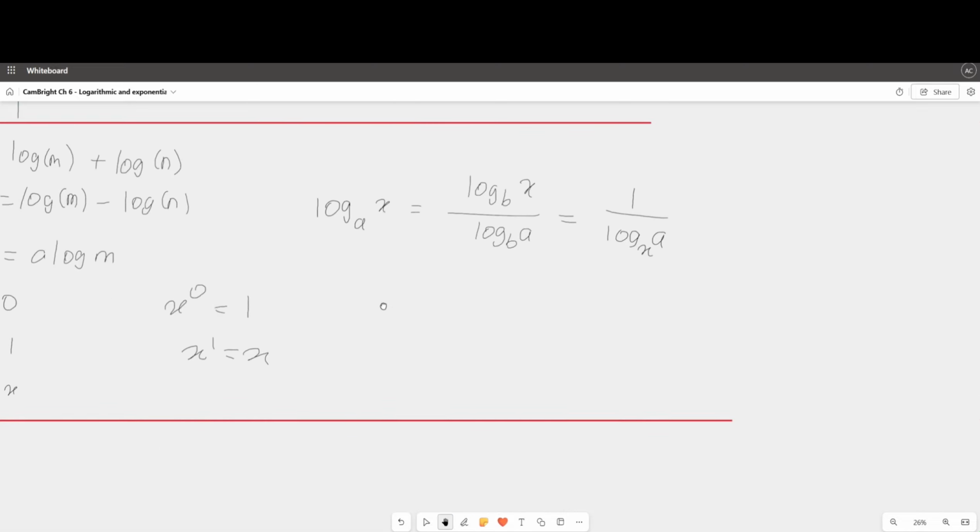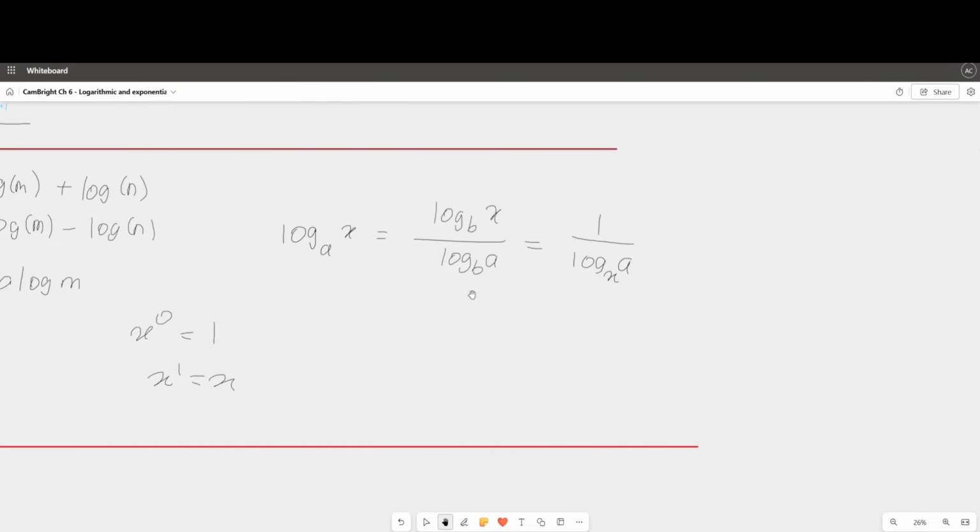And now this is actually the most important formula of this chapter, called change of base. If you have log base a of x, we can change the base to some other number like b, any number. And so you can say that this is equal to log base b of x divided by log base b of a. Now note, you can't actually cancel the logs to make this x.